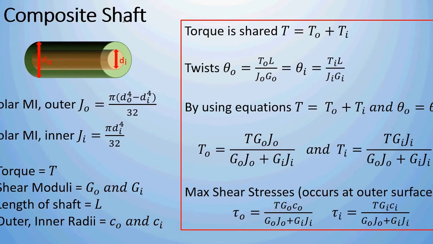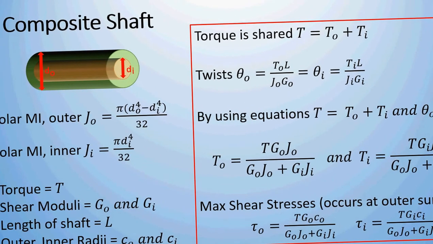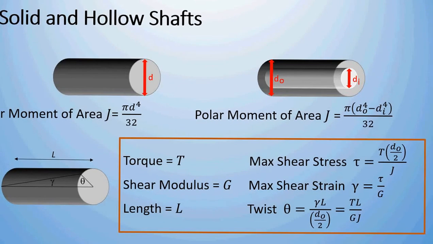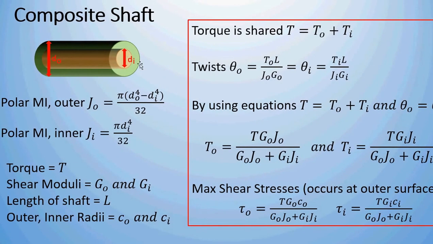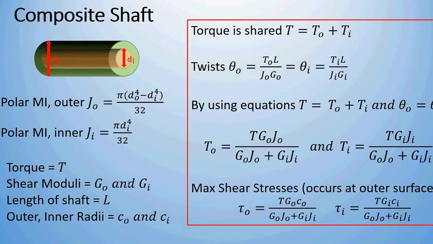For the outer material, it's the same as the hollow shaft; basically, you're subtracting the area that is the other material. And for the inner material, it's just the standard equation, using your inner diameter. Of course, we have torque again, shear moduli, the outer and inner one, the length of the shaft, and then the outer and inner radius.